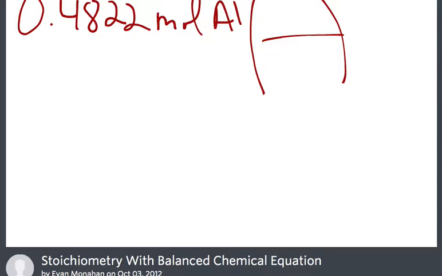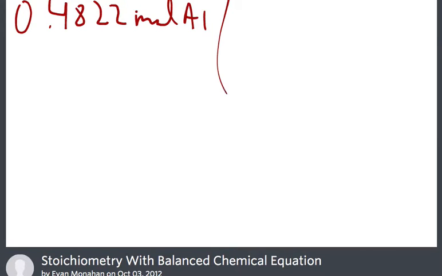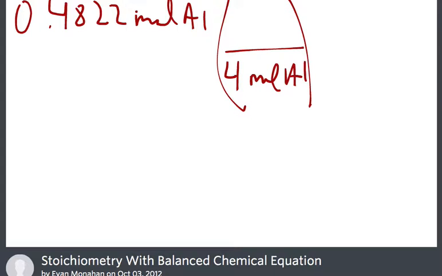And according to my balanced chemical equation, for every 4 moles of Al, is actually equal to 2 moles of aluminum oxide.